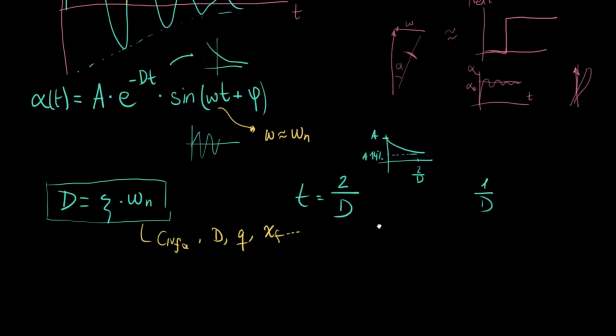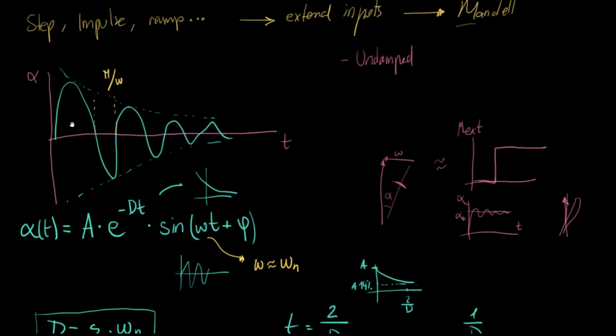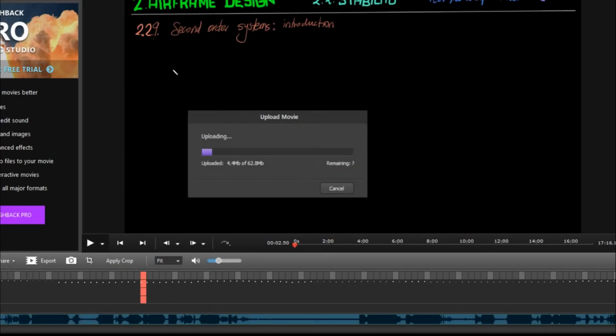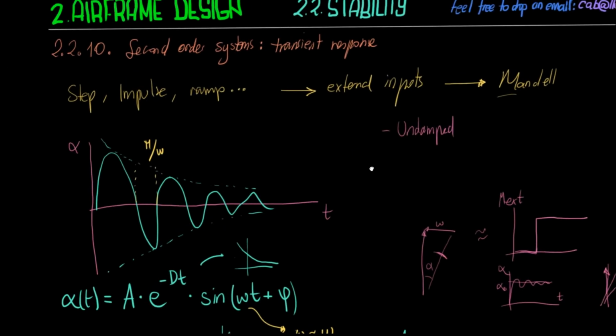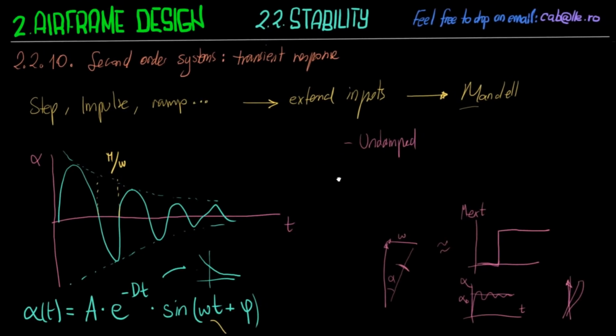Okay, and the rest, it's nice to know the exact function, but I think it's more for the love of art. So if you want to know the exact response, you should check Mandel. I'm not going to go through it because I don't think it's that important. It is more important, the steady response.